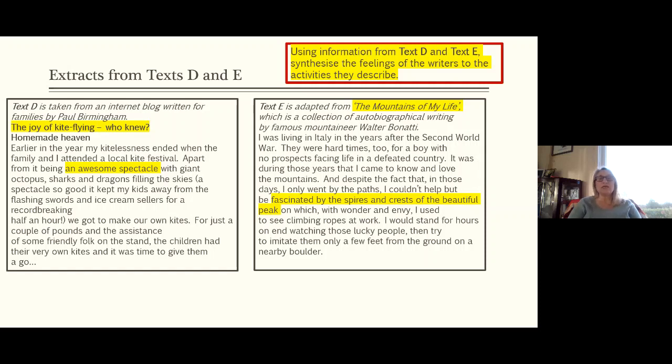It was during those years that I came to know and love the mountains. And despite the fact that in those days I only went by the paths, I couldn't help but be fascinated by the spires and crests of a beautiful peak on which, with wonder and envy, I used to see climbing ropes at work. I would stand for hours on end watching those lucky people, then try to imitate them only a few feet from the ground on a nearby boulder.